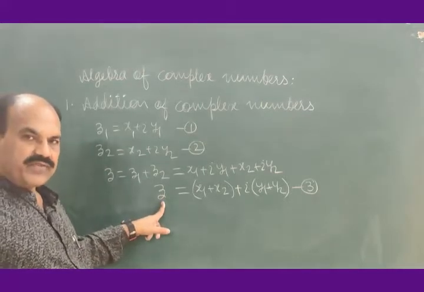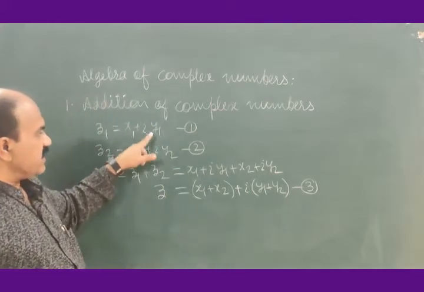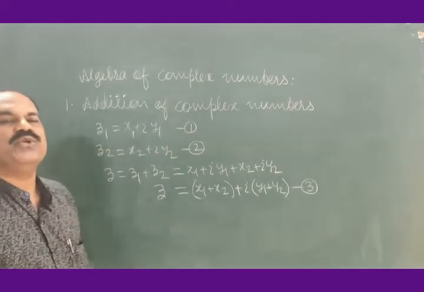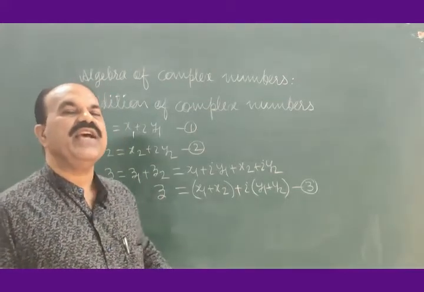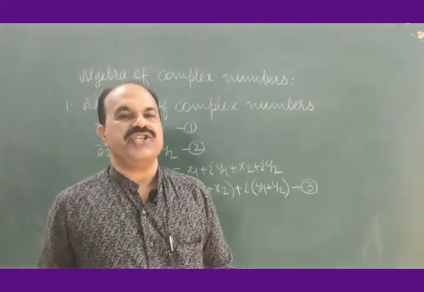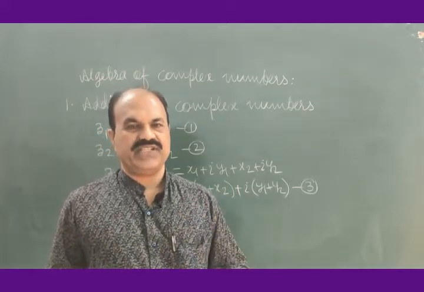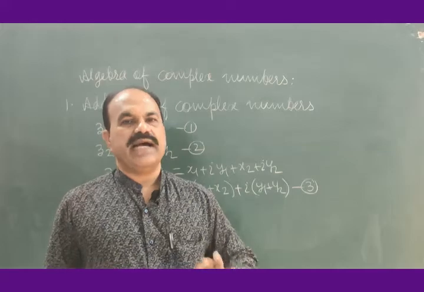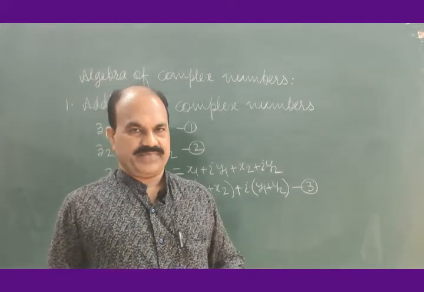Imaginary part of this complex number is addition of imaginary parts of these two complex numbers. This is the sum or addition of two complex numbers.